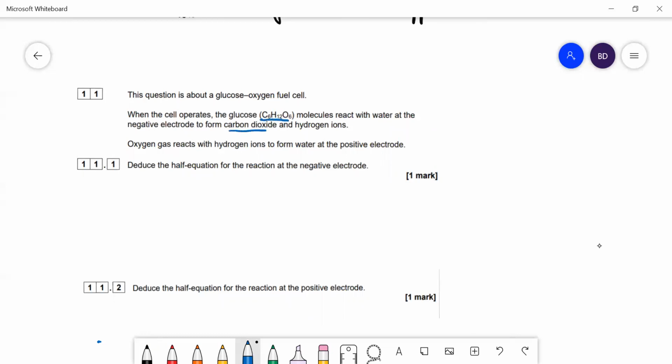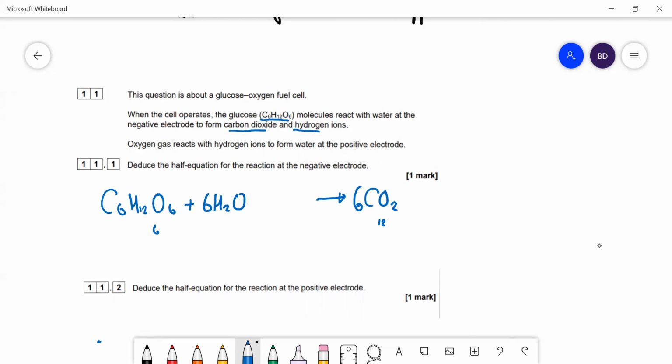Glucose forms carbon dioxide and hydrogen ions. So let's do that. You've got C6H12O6, and that's going to give us CO2. We need to balance the carbons first. We've got 6 carbons on the left and only 1 on the right, so we need 6 of them. Now balance for oxygens. I've got 12 oxygens on the right and only 6 on this side, so I need 6 H2Os.